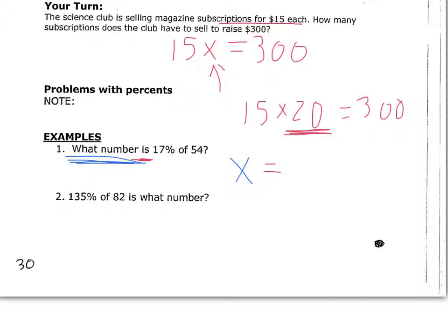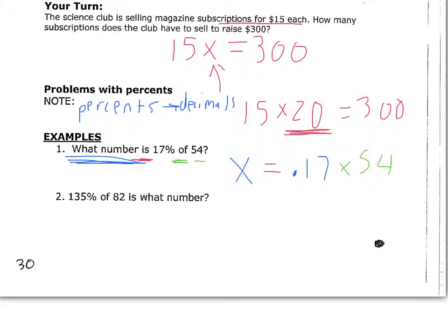So write this in your notes: percents should be decimals. If we have 17%, that means we have 0.17. And then it says "of," and remember, of is a keyword for multiplication, of 54. So you should have x equals 0.17 times 54.